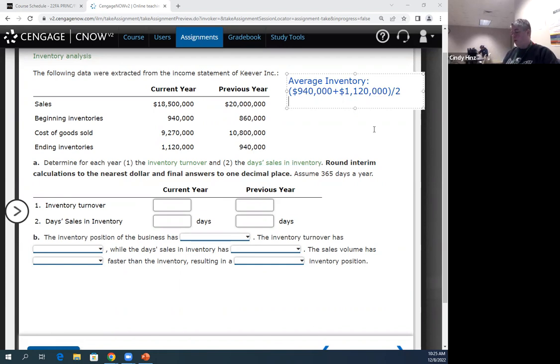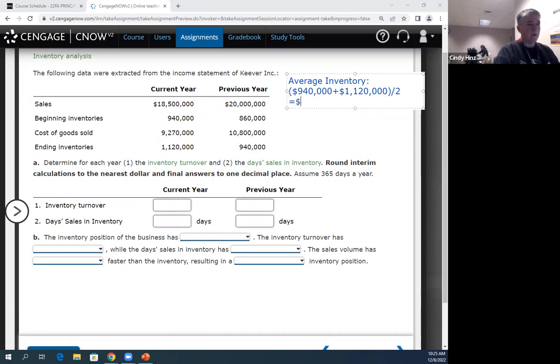Well, I guess we do have the quarterlies we could use, but that's a little bit more complicated. The company is not required to provide a great deal of detail about how their inventories have fluctuated throughout the year. And so as an outsider to the company, the information that we have access to is the information on their general purpose financial statements that they're required to prepare and share with the public.